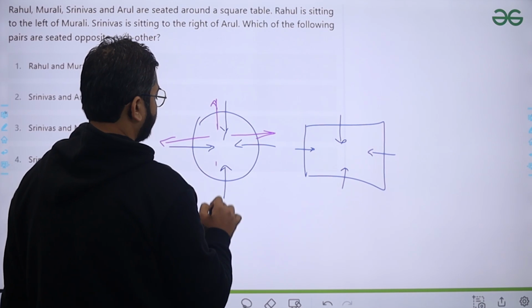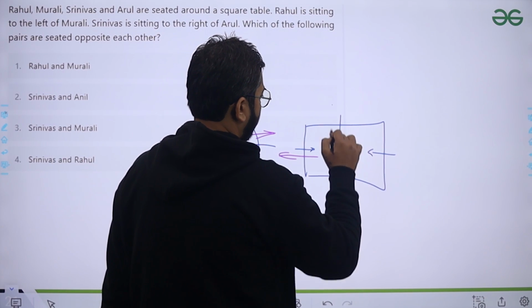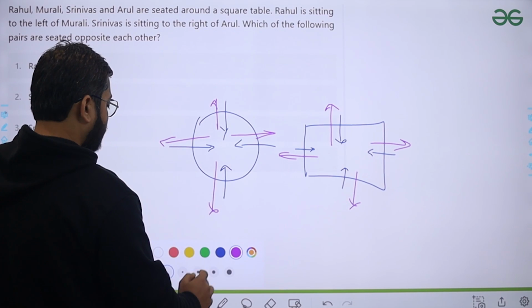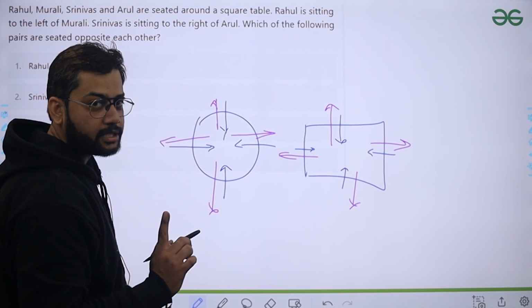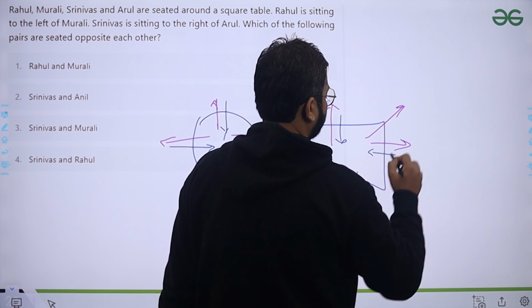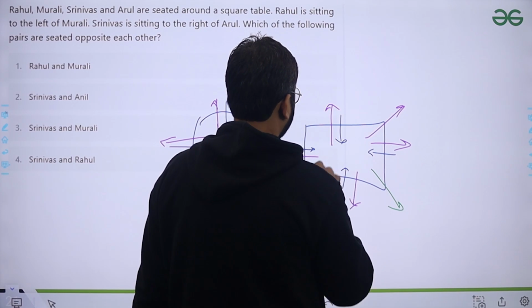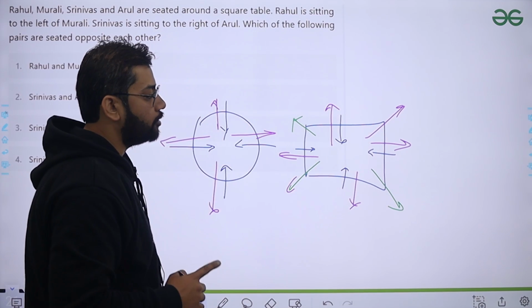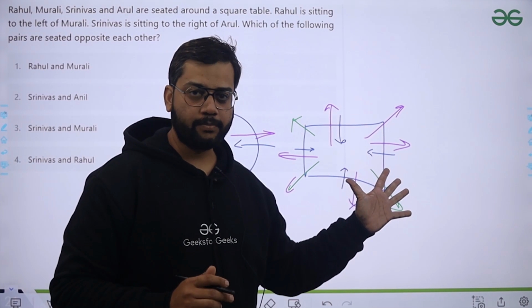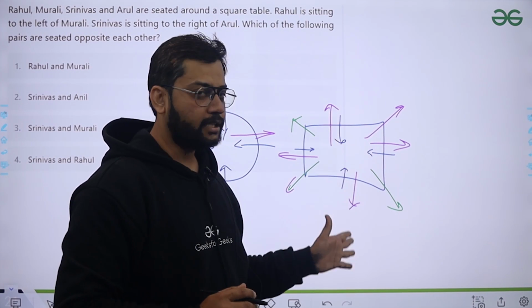In the rectangle, the cases could be either they are sitting at the corners or they are sitting at the center of the line. So these two possibilities are possible in the rectangle too.